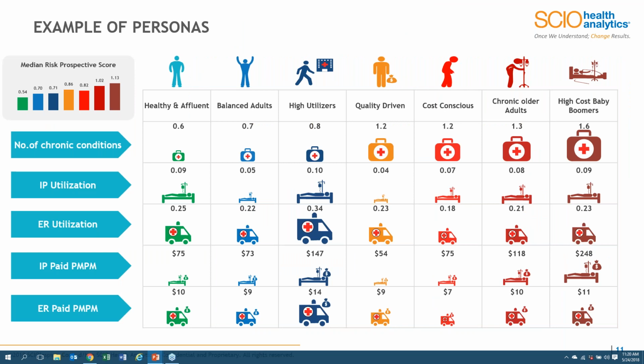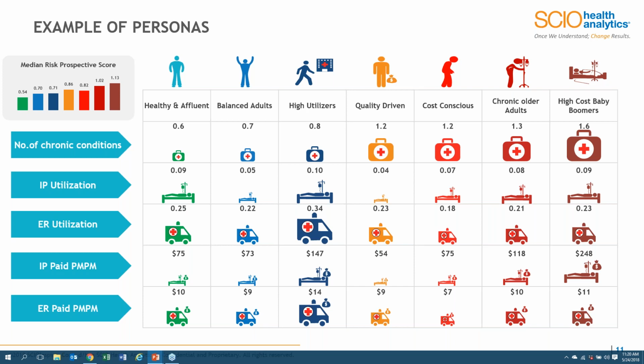Thanks, John. To follow up on the previous slide that John just talked about, this particular slide here is an example of the personas and some of the metrics that we actually calculate for each of the persona types during our back-end analysis.